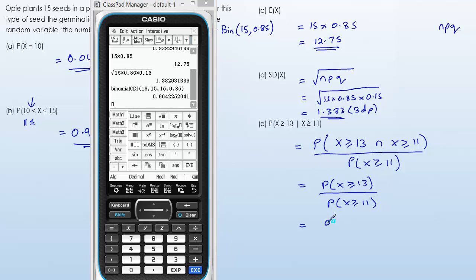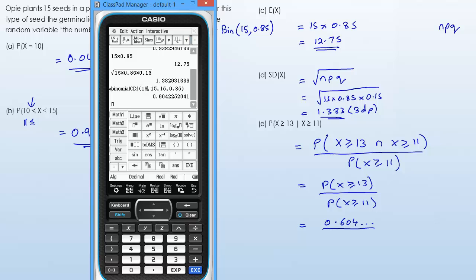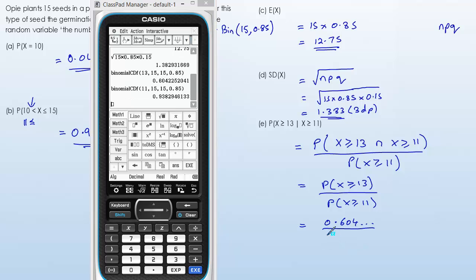So that's going to be 0.604 and so on, divided by, do exactly the same thing with 11. In fact, let's just copy that, paste it here, just change that one there to 11, and that gives us 0.938 and so on.